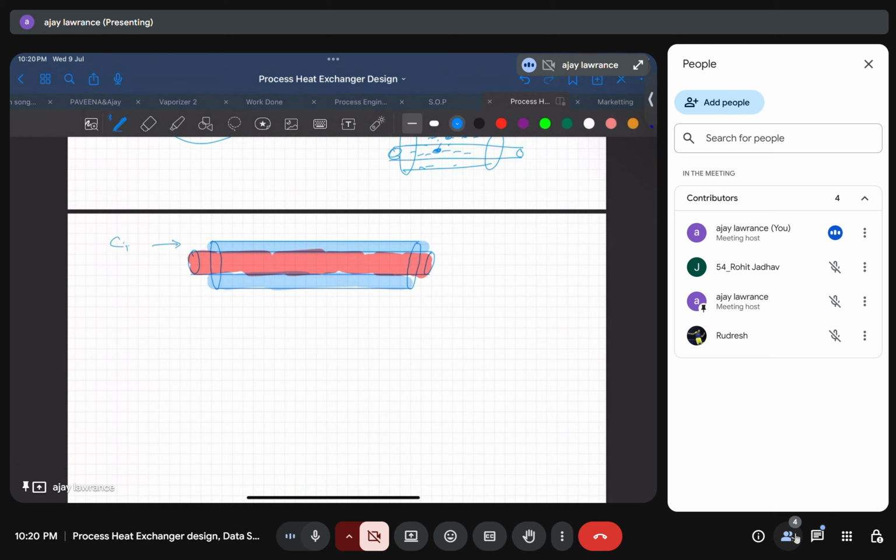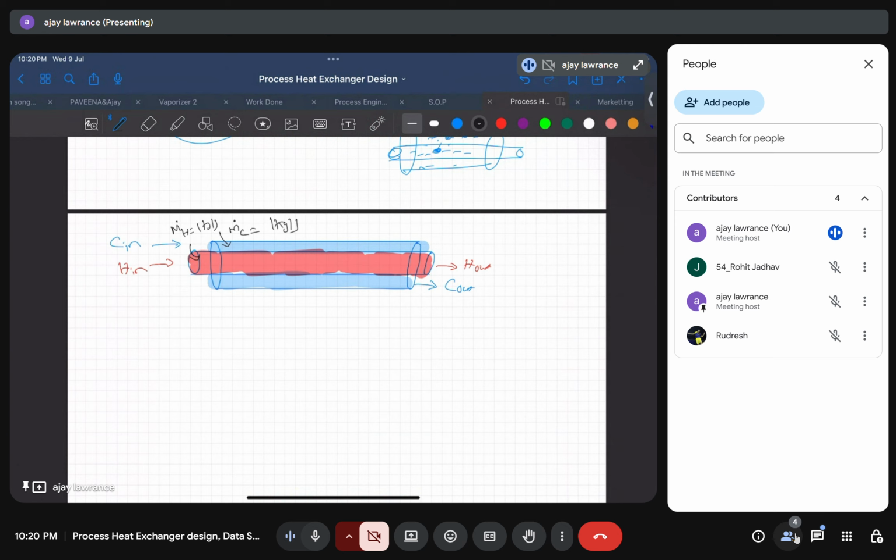So cold in, cold out, hot in, hot out. Now the mass flow rate m of cold is 1 kilogram per second, and the mass flow rate of hot fluid is equal to 1 kilogram per second.